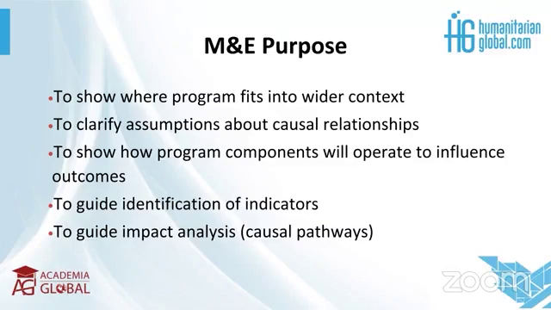Because if you have described well the change that you expect to see and how you see that change happen, then it becomes easier for you to come up with indicators, be they qualitative or quantitative. Then, of course, it helps you, like I've mentioned, to guide impact analysis and impact evaluation. This is another whole area that is covered in humanitarian global workshops, courses and trainings on the different types of impact evaluations that you can do.